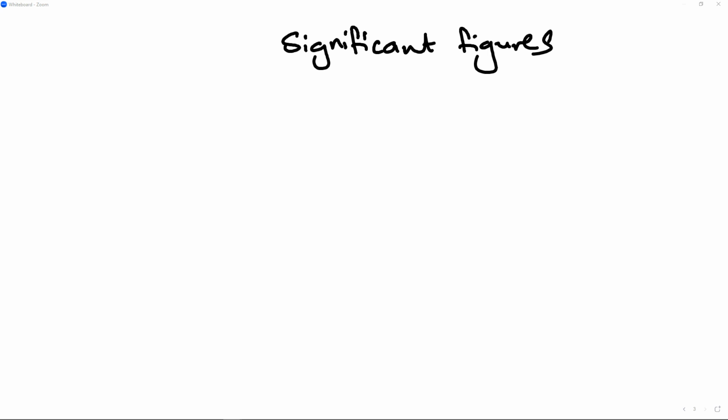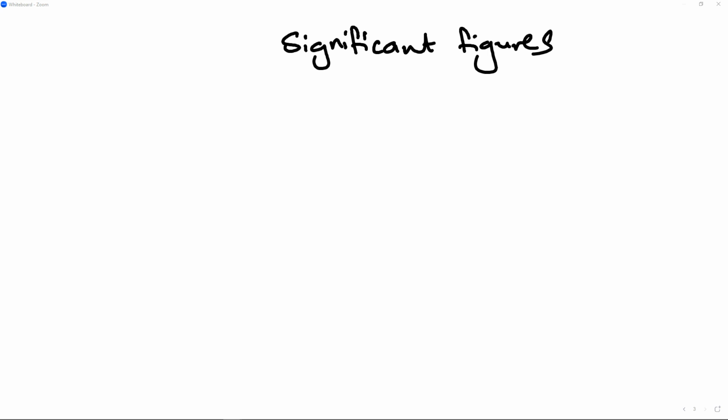So let's look at a quick example of something that we want to find the significant figures of. It's all about the zeros.